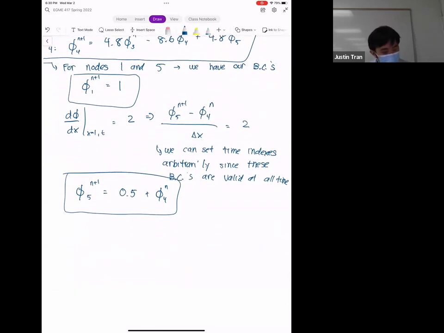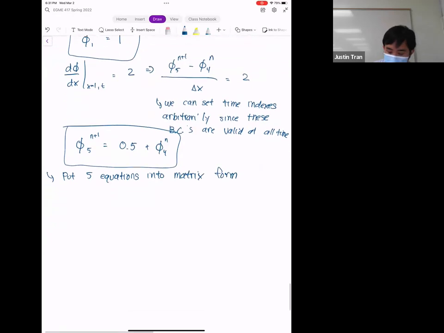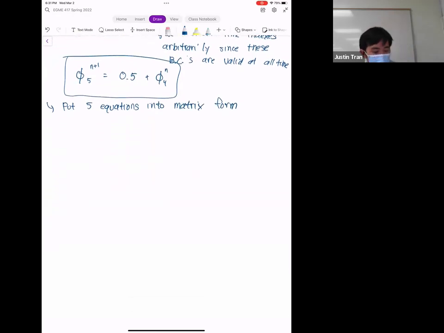Okay. All right. So let's go ahead and put this into matrix form now. Because we love matrices in this class, or more like MATLAB loves matrices.